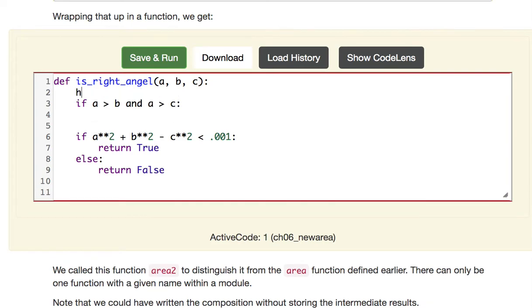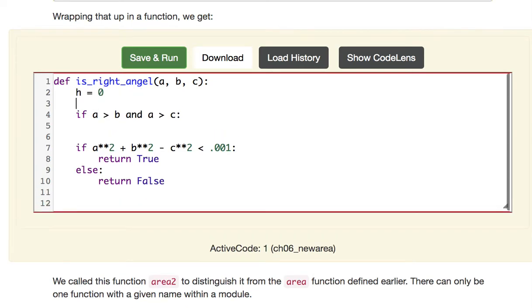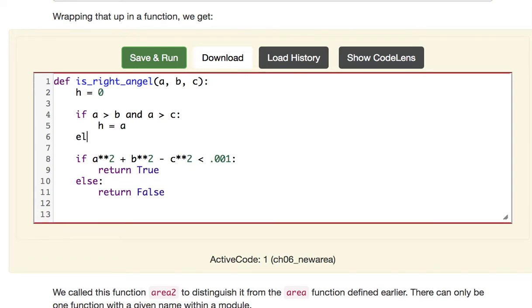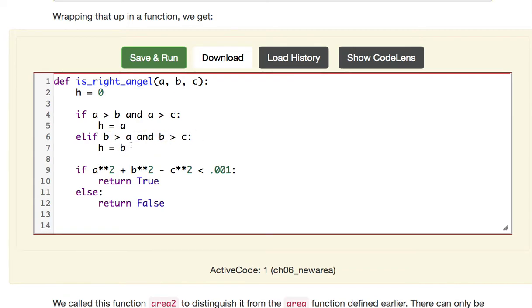So we're going to come up here and say hypotenuse equal to 0. It doesn't equal to 0, but we're just going to set it equal to 0 for now. And once this is true, we're going to set the hypotenuse equal to A. And we'll go ahead and do that again for this same expression, except we're going to be using B here, and we'll be comparing it with A and comparing it with C. And then if this is true, then we're going to set the hypotenuse to B. Right?